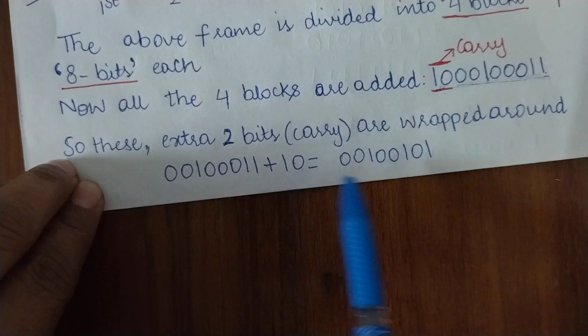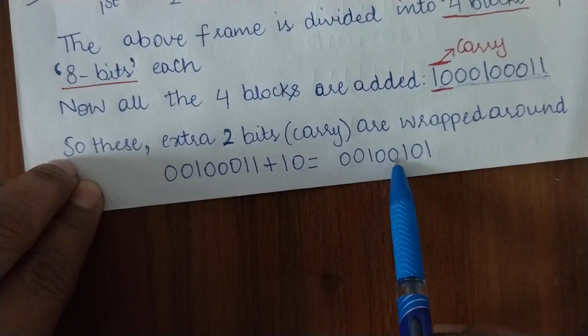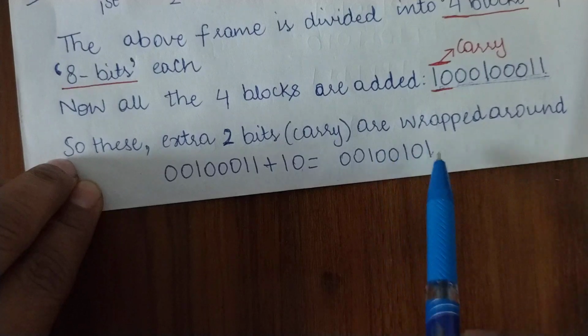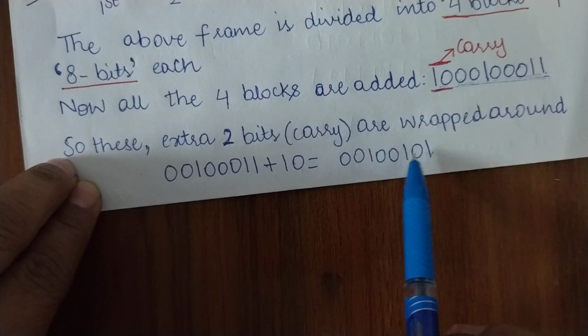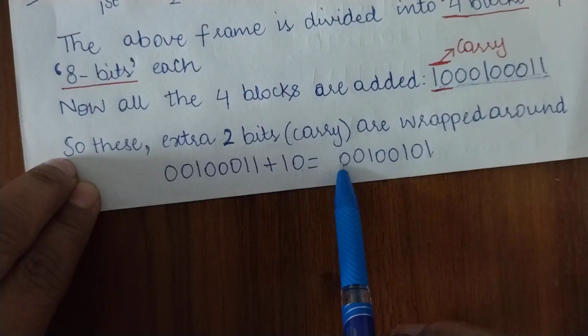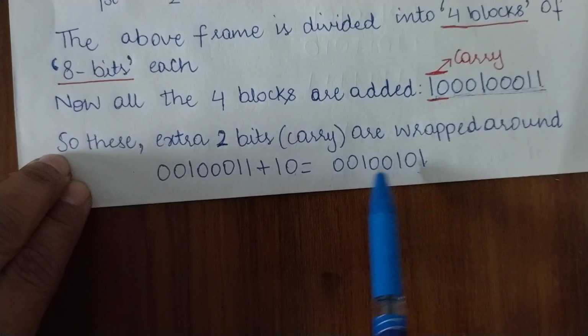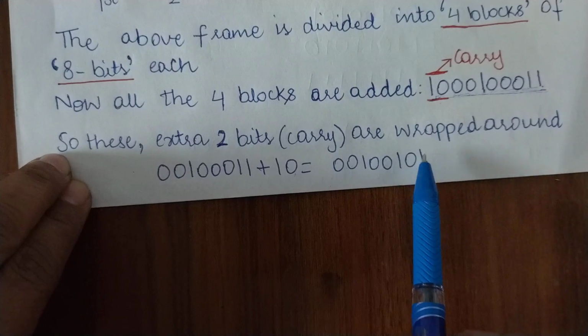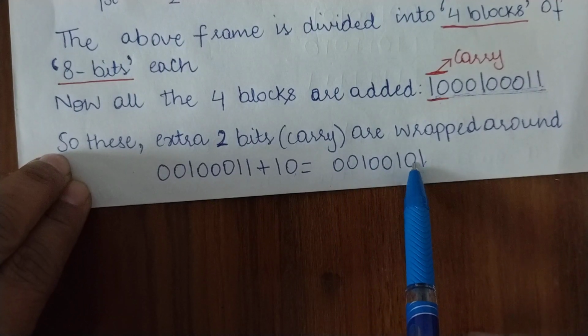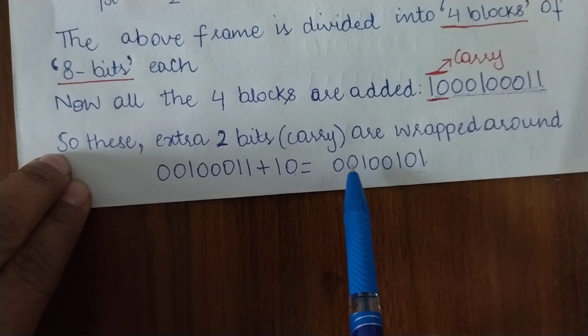What do I get in result? 0 0 1 0 0 1 0 1. Now I have exactly 8 bits. This is the result of the addition of these 4 blocks with 8 bits each, and the result must also have 8 bits only.